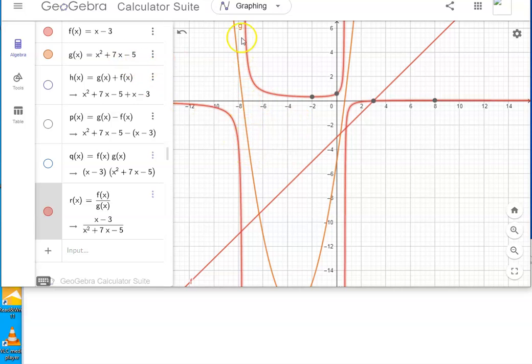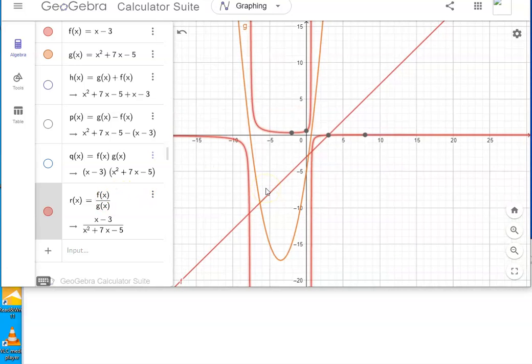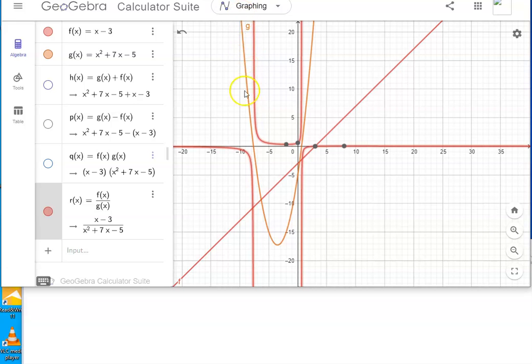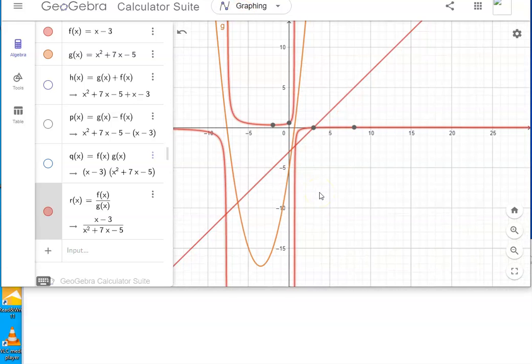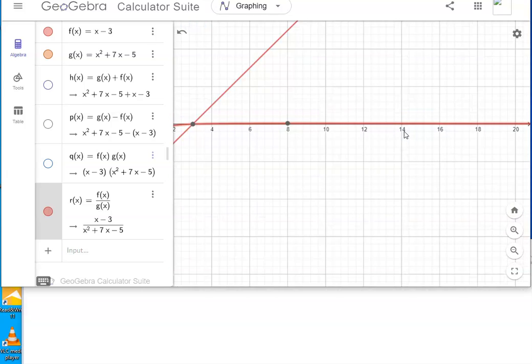When g of x becomes 0, that red function, f of x over g of x, goes wacko, one direction or another, all the way up to infinity. Everywhere else, it's kind of boring, just pretty flat, because I'm dividing x minus 3 by x squared and 7x. Unless I'm close to where this is turning out to be 0, I'm almost dividing by the same number, and I get a pretty flat, boring looking curve as I get big numbers.